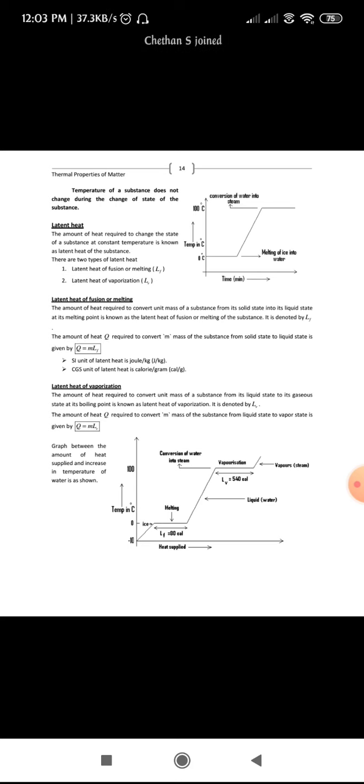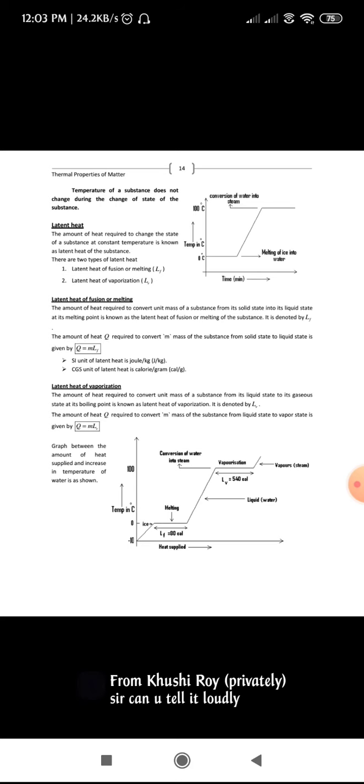Coming to this latent heat, what do you mean by latent heat? Latent heat is nothing but the amount of heat required to change the state of a substance at constant temperature. When you are changing the state of a substance, for example, from solid to liquid, or from liquid to vapor, the temperature doesn't change until the entire substance gets converted into another state.